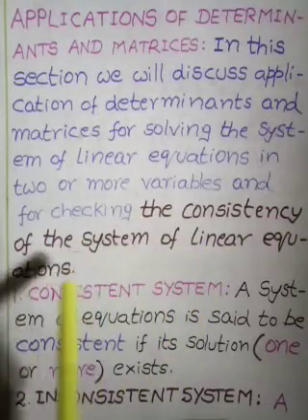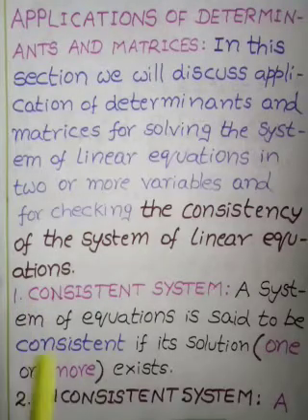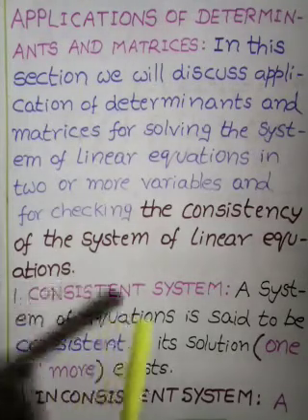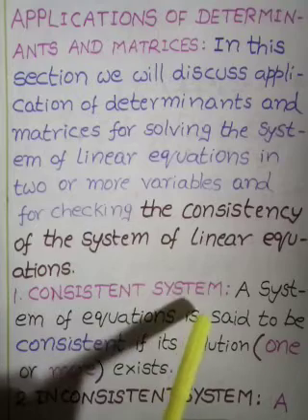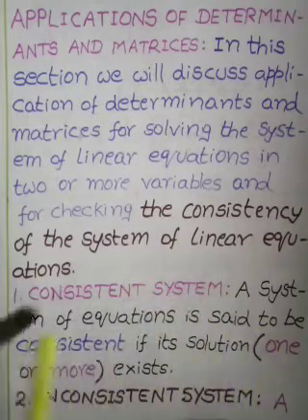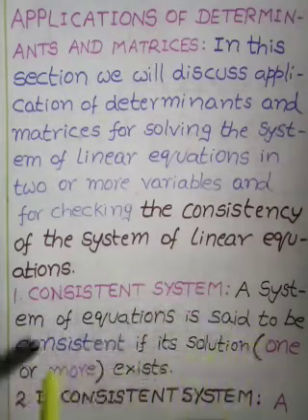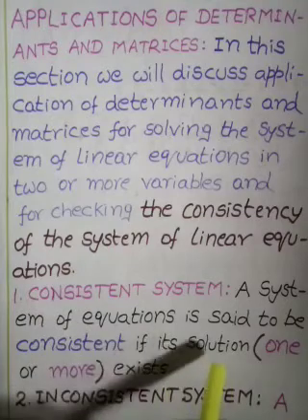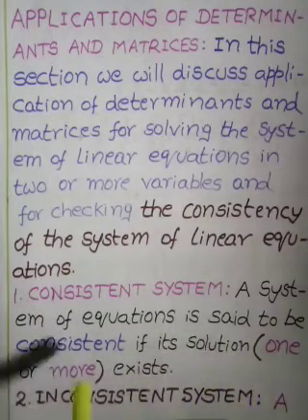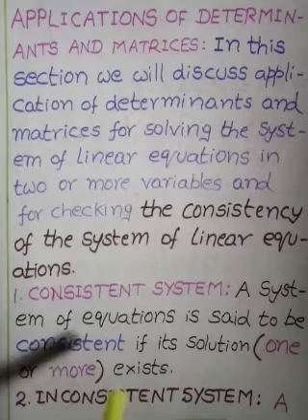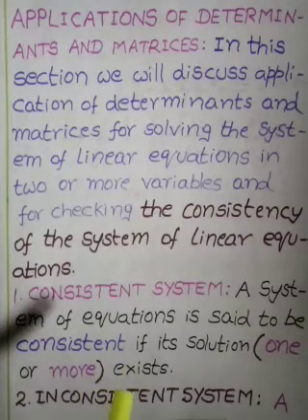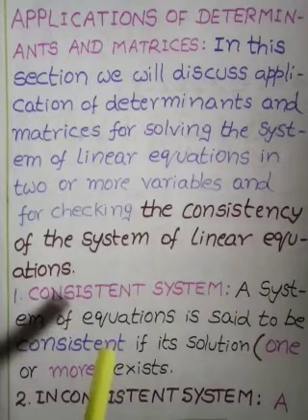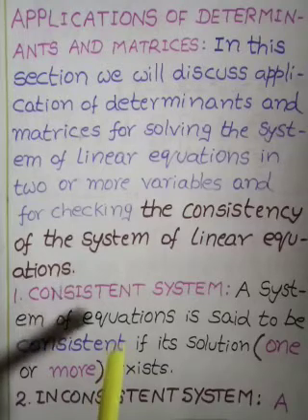Okay, my children. Now let us define what is meant by consistent system of linear equations. A system of linear equations is said to be consistent if its solution, one or more, exists. Suppose two or more linear equations are given.